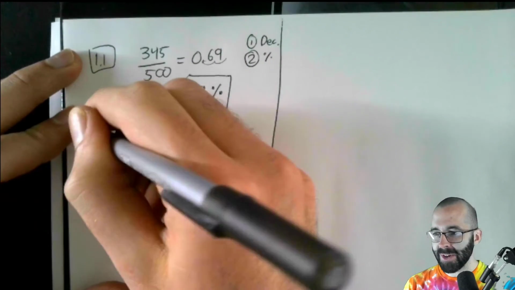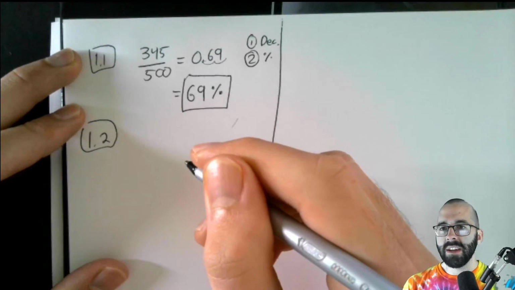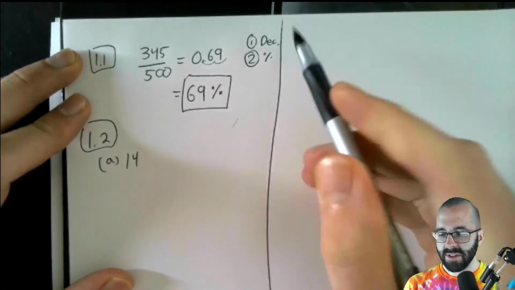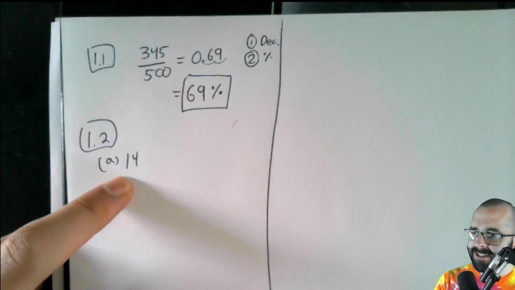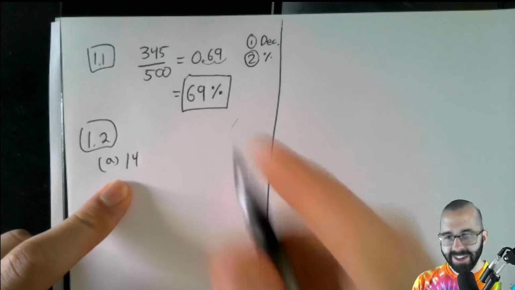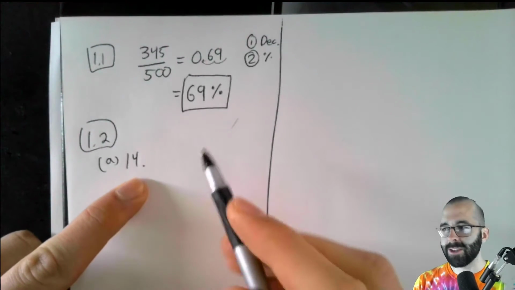Moving on, example 1.2. Write each as a percent. So it wants us to write 14 as a percent. This is already written as a decimal. And you might say, Jason, this is not written as a decimal. There's no decimal here at all. Well, there is. The decimal's right here, 14.0.